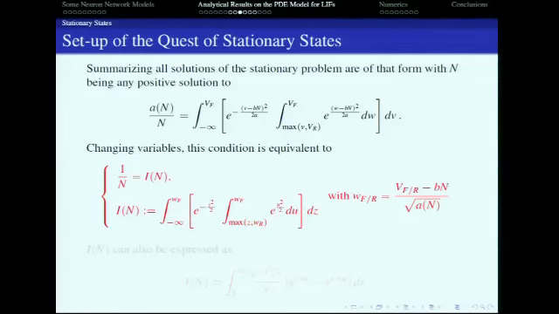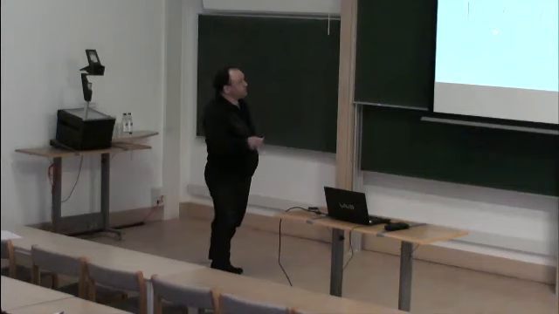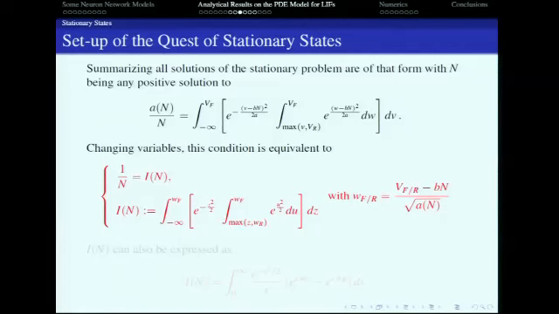Okay, so what is the theorem that we can get? In fact, by just changing variables in this formula, what you obtain for the equation satisfied by the firing rates of the stationary states is that they should be n's for which a certain function I of n is equal to 1 over n, and that function is written over there. It can be written in terms of error functions and things like that.